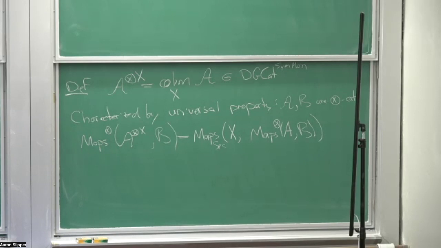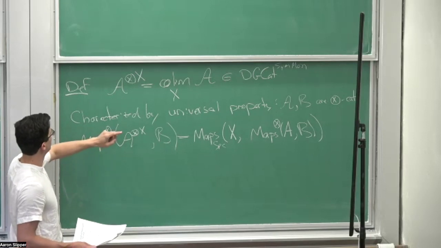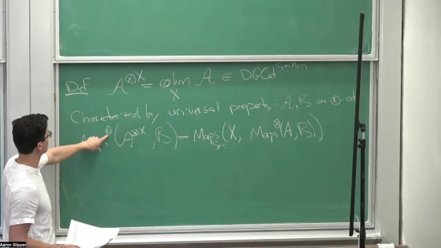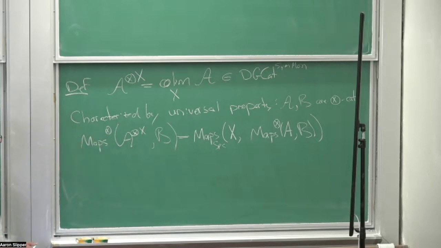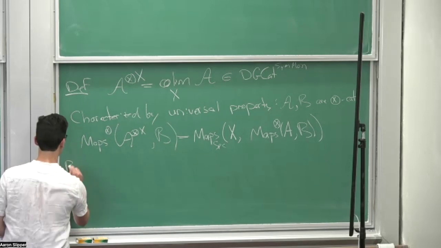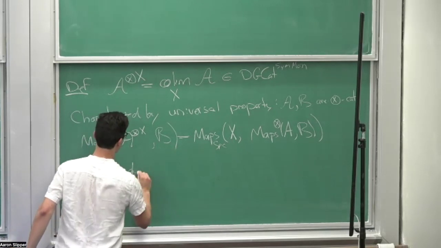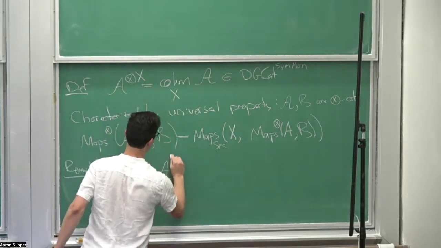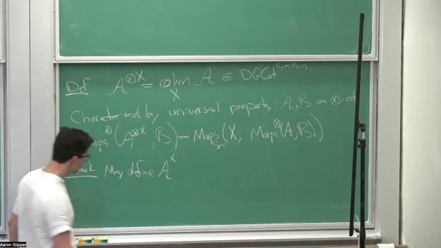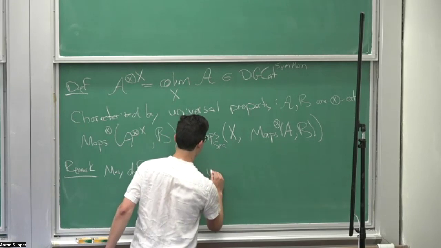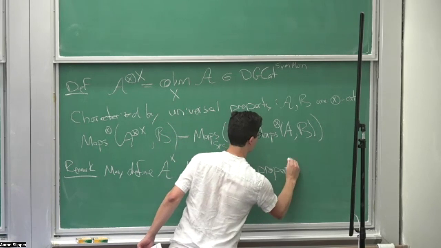And I want to make a side remark here. If I remove the constraint of preserving monoidal structure, then I get something which maybe you are familiar with. So remark. We may define just A^X, and loosely speaking, this is maps from X into A, characterized by the following universal property.